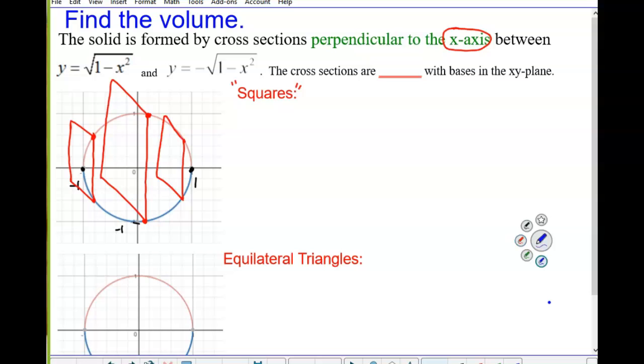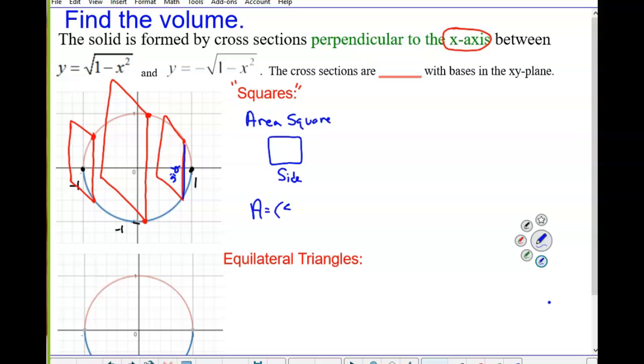But what we want to know is that this length is the side of the square. We've got to think back to geometry a little bit. If volume is the accumulation of area, then I need to come up with the area formula for our square.